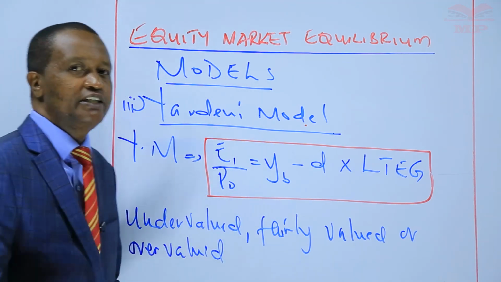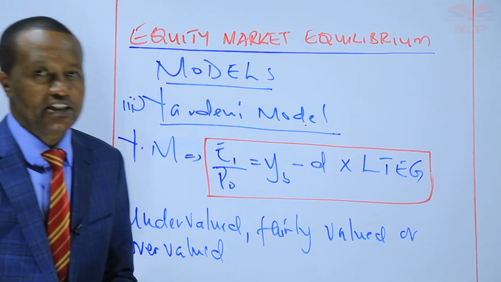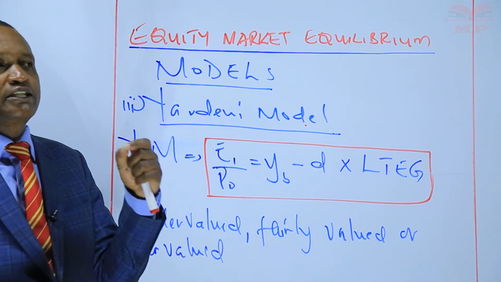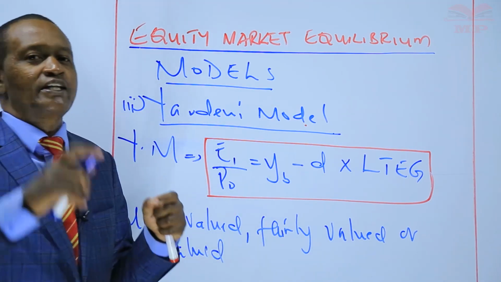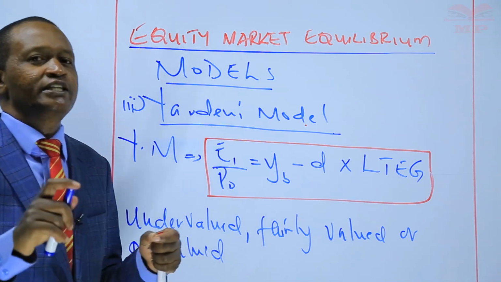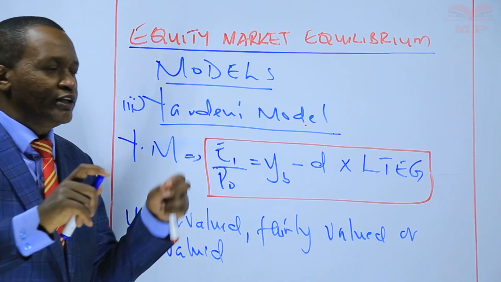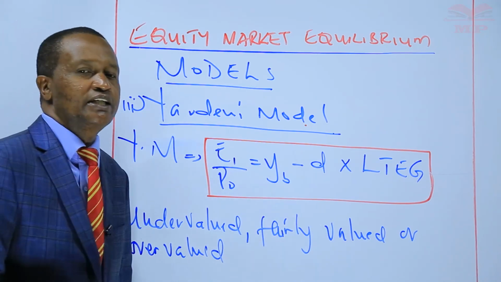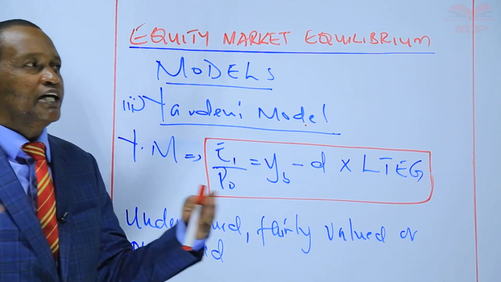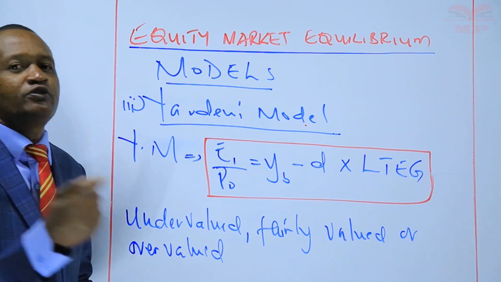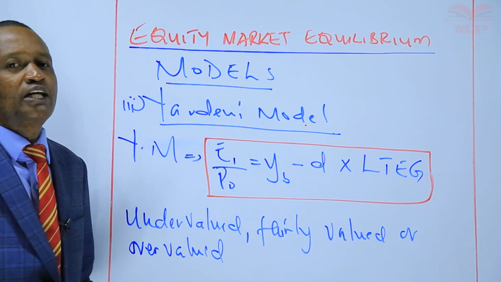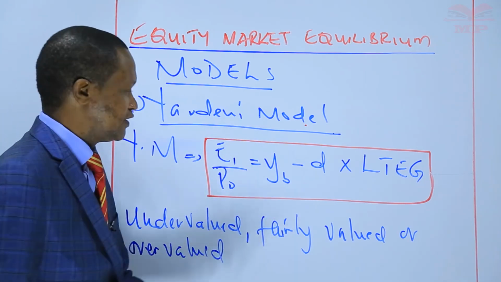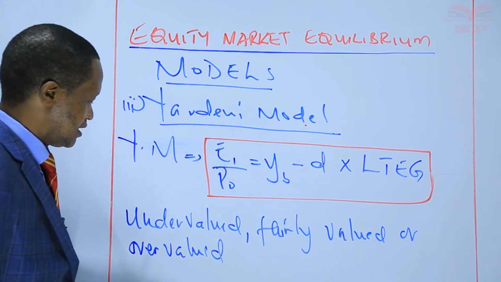So a justified forward earnings yield that is below, equal to, or greater than the forward earnings yield value implied by the current equity market index value, and that can be done using the consensus forward earnings estimates, would indicate that the equities are undervalued, fairly valued, or overvalued.